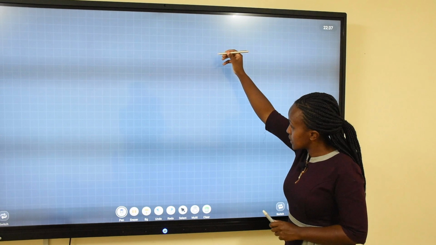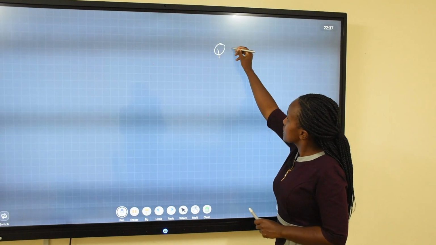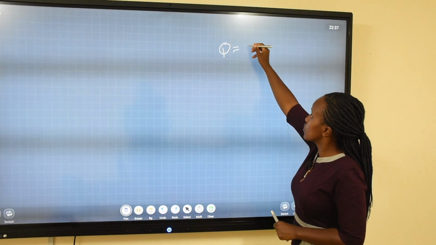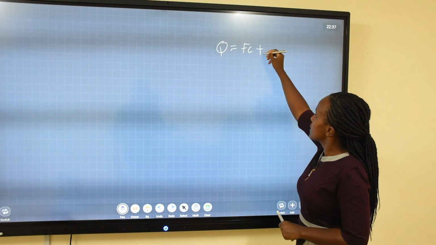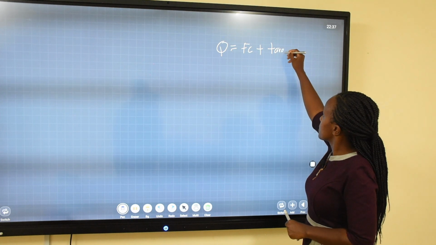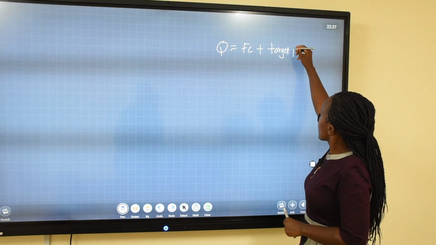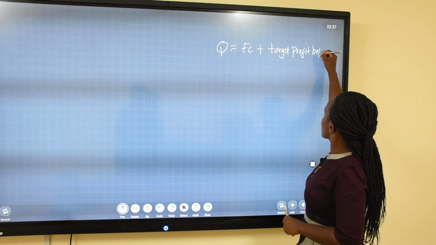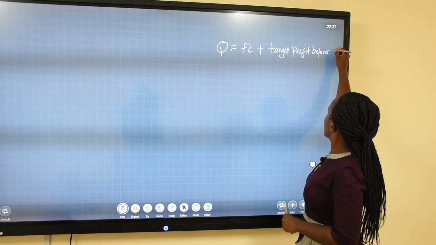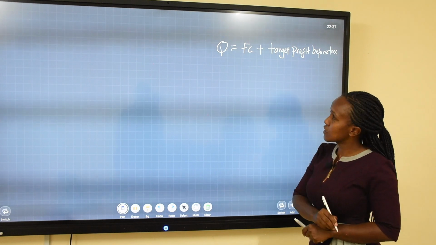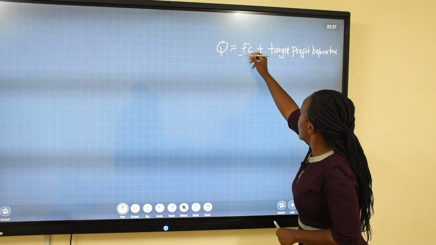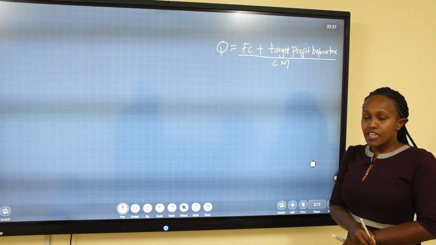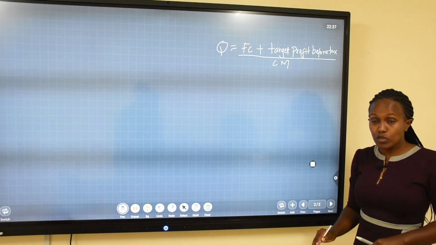And our formula, we said that to get the number of units that can be sold to earn a target profit before tax, the formula is equal to fixed cost plus target profit before tax over contribution margin.